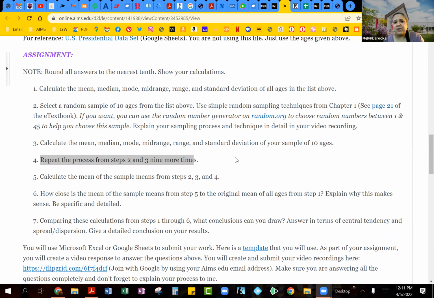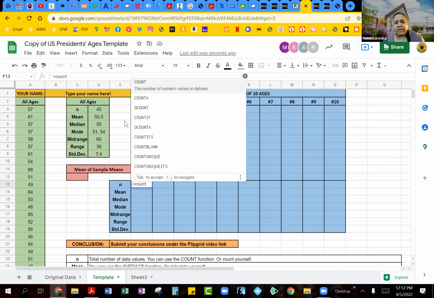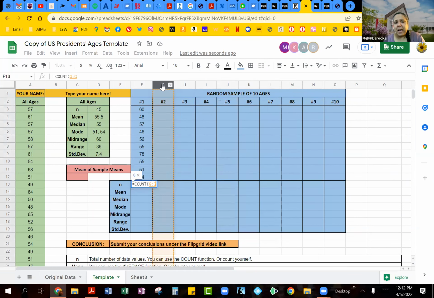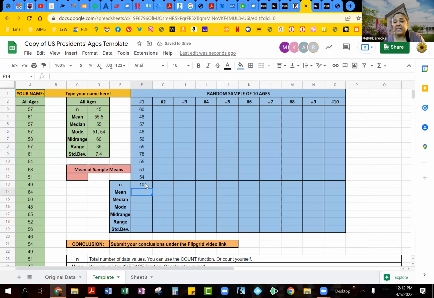Once you have your random samples, and you can do the random samples first, so get all of these numbers first if you want. And then you can come back and do your calculations, the mean, median, mode. So again, I'm asking you to do a count here, because unfortunately, one time I had a student who I guess didn't realize, and for some reason ended up deleting some of these rows.